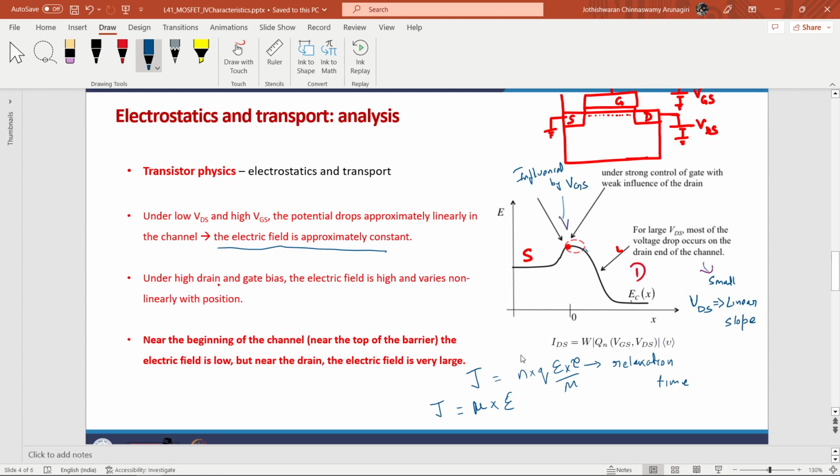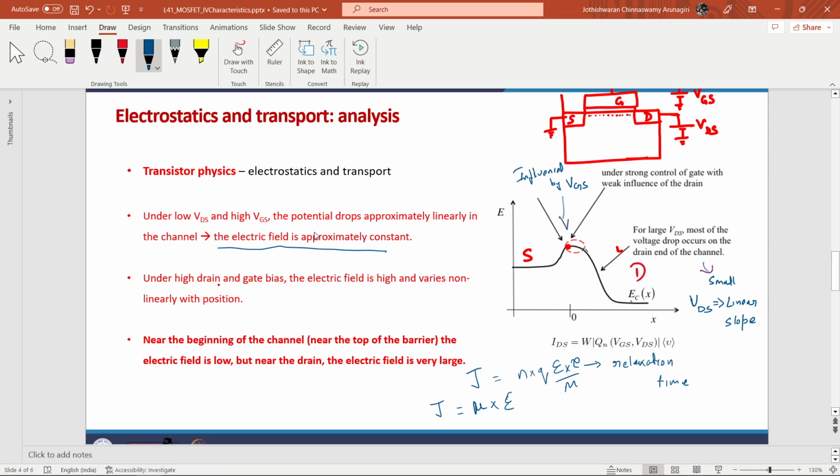Remember, in our ballistic transport, the electron suffers no collisions in the channel. If it suffers no collisions, the velocity of the electron cannot change. If the velocity is not changing, the current can also not change in the channel, right? Yes, sir.